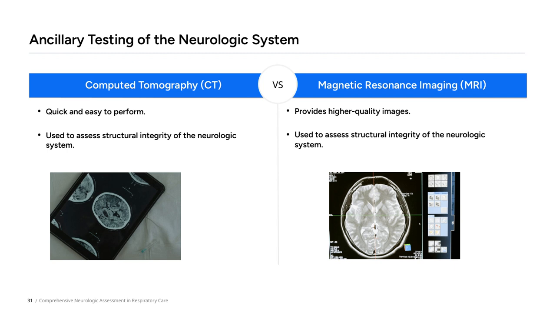While MRI offers superior image quality, CT scans are faster and more accessible in many settings. Connecting this to the overall theme, effective neurologic assessment through these imaging techniques helps us better understand the patient's neurological status, which is critical in managing respiratory issues that stem from neurologic causes.